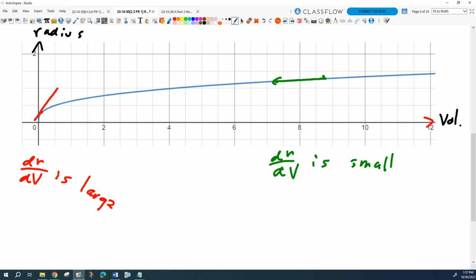So large increases in volume lead to small increases in radius, right? Because that slope is not very steep.